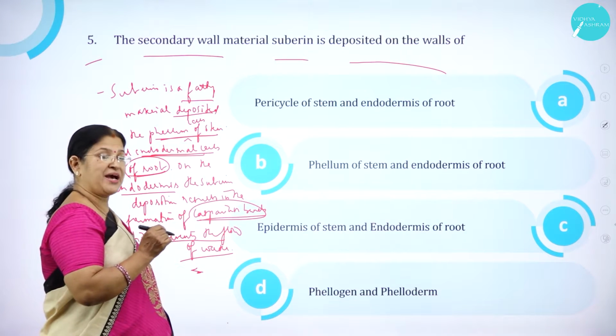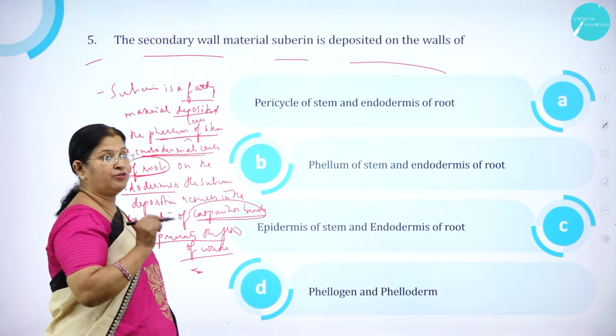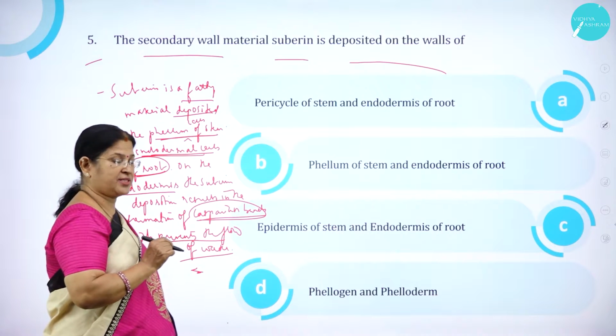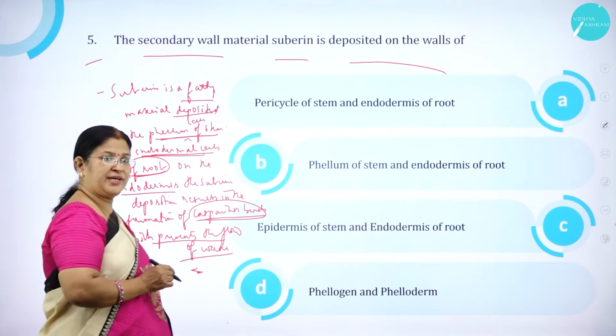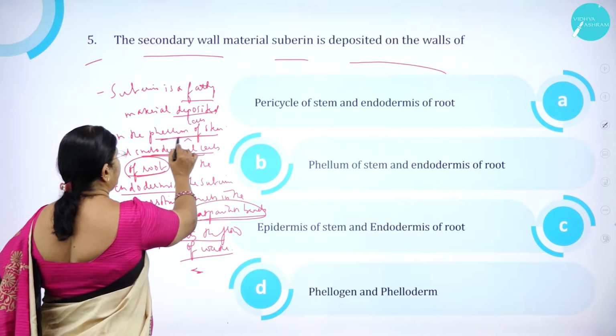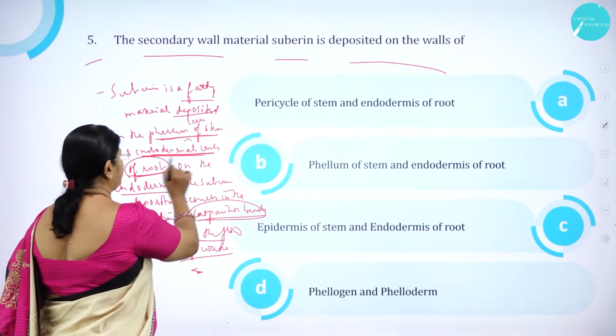So wherever passage cells are there, you don't find the Casparian bands. So the secondary wall material suberin is deposited on the walls of phellum cells of stem and endodermal cells of root.